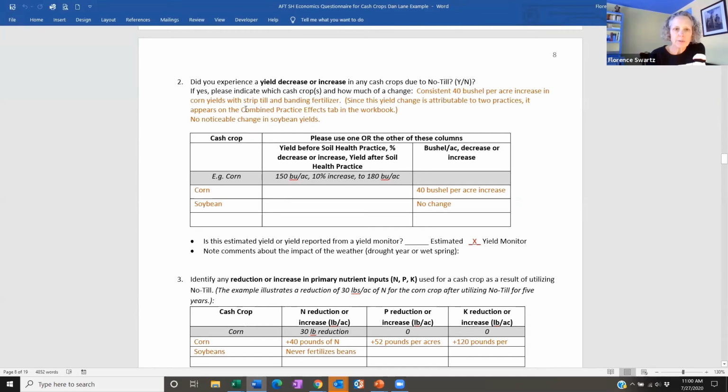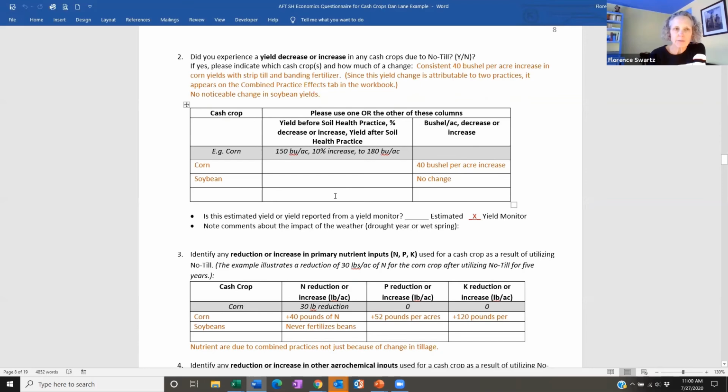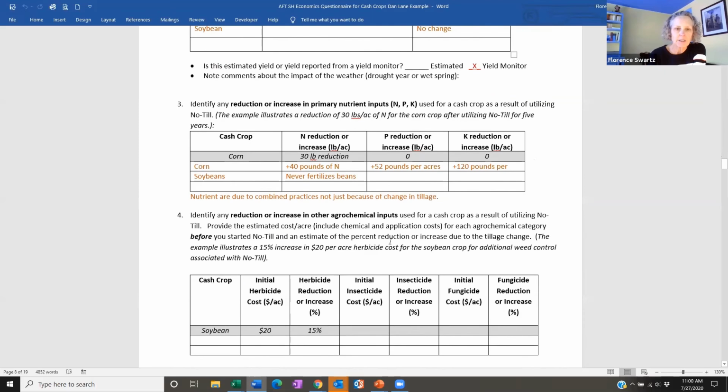It's going to be put onto what we call a combined practice effects tab, which we'll be seeing in a little while in the workbook itself. So even though this questionnaire is set up to attribute impacts or effects to each of the individual practices, there is an option to evaluate them as combined practice effects. And so that's what we did with the yield change for the corn on this particular case study.